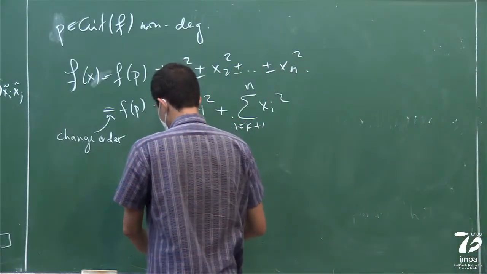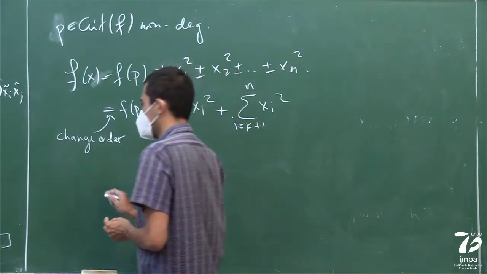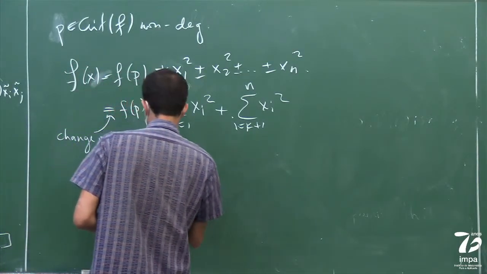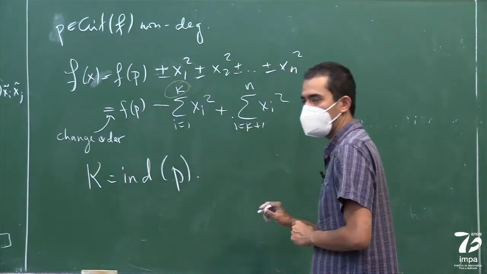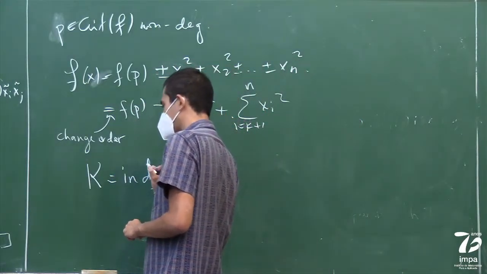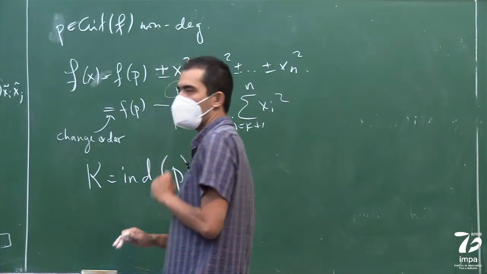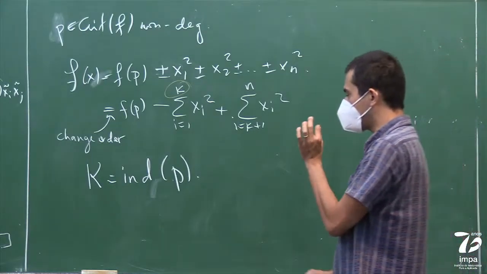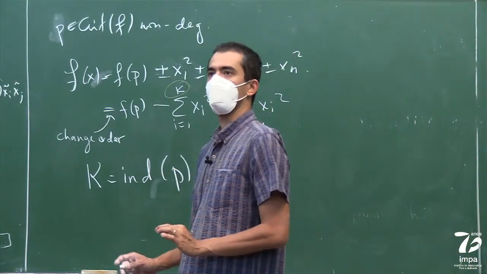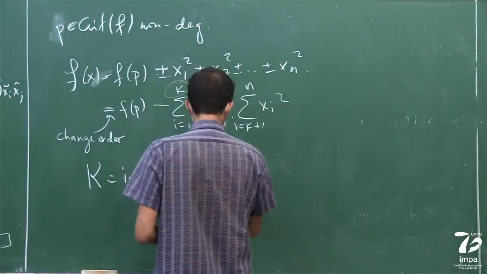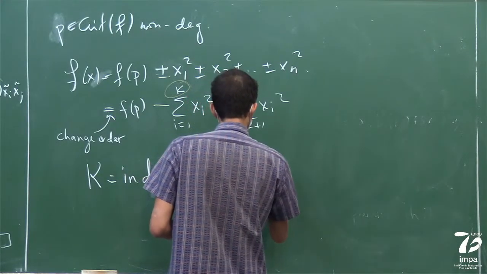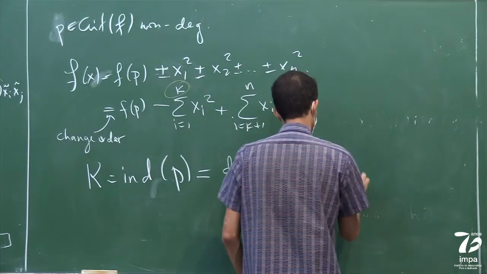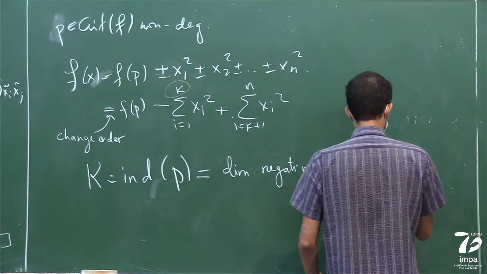This k is what's called the index of the critical point, the index of p. And it depends on f. Sometimes you write the function f, but if f is understood, then you just write the index of p. You should notice that this k doesn't depend on the chart. In fact, this k is just the dimension of the negative eigenspace of the Hessian.